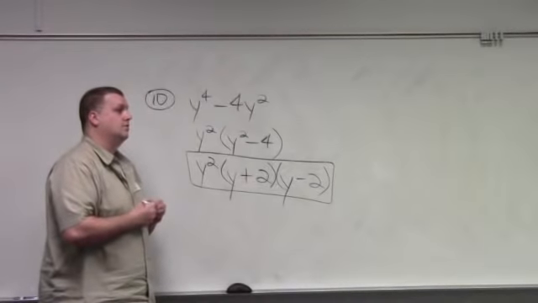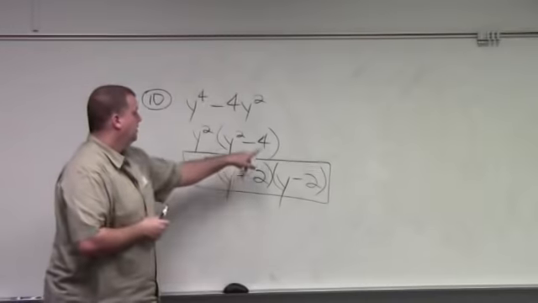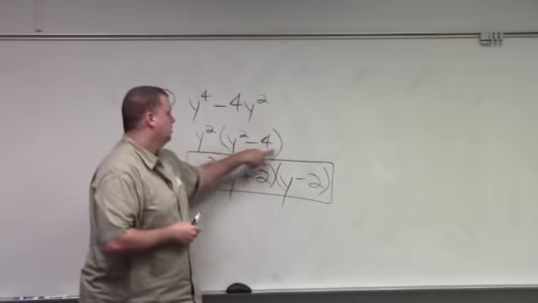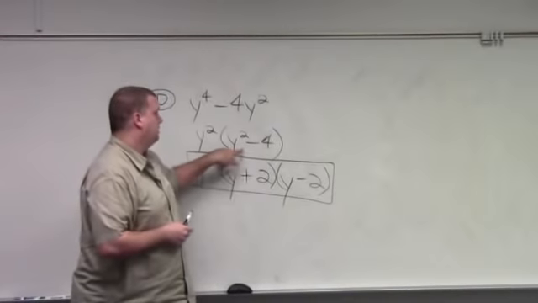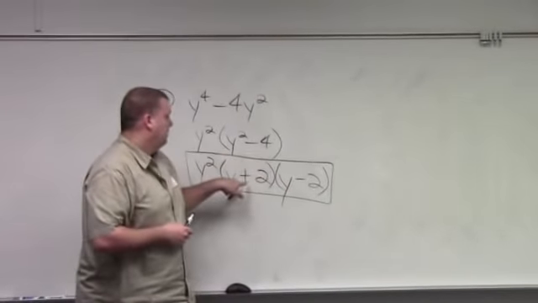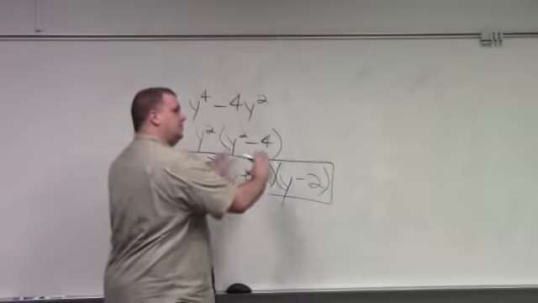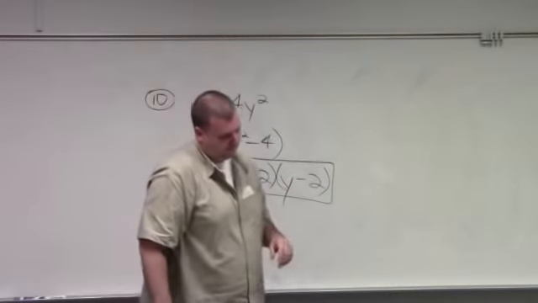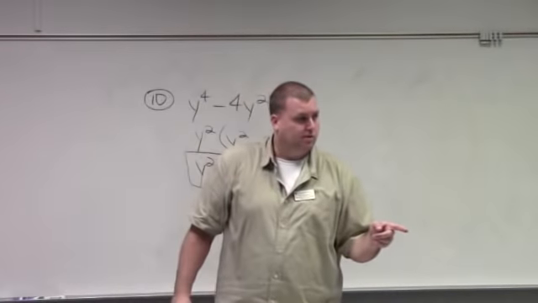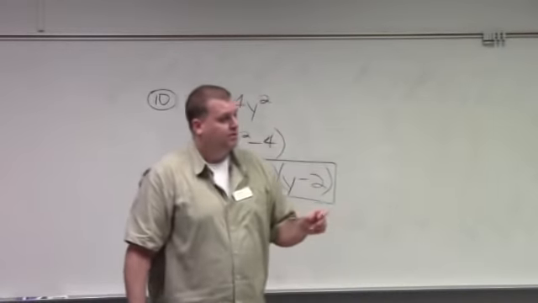Question? Why did you do 2 parentheses? Because it's the difference of squares, we have perfect squares like that, and because we have different signs, we have to set up 2 different parentheses.